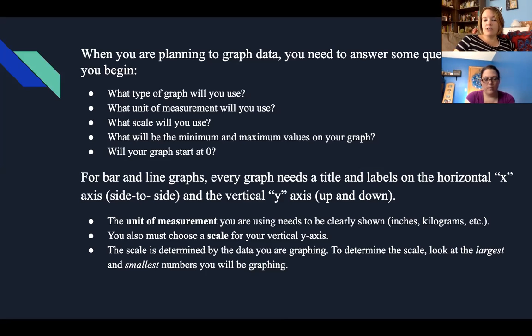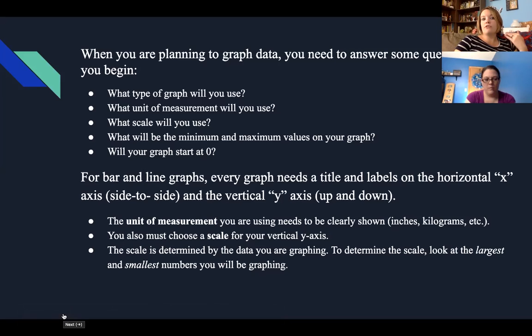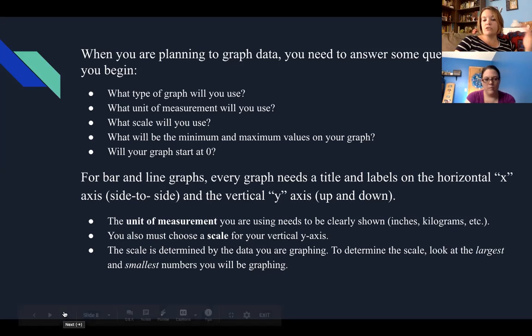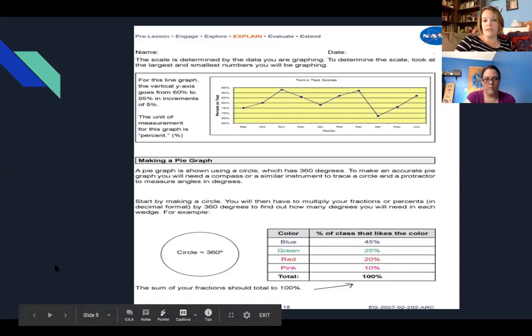The scale is determined by the data you are graphing. To determine the scale, look at the largest and smallest numbers you'll be graphing. Like I said earlier, you don't necessarily have to start at 0 if all of your numbers end up from like 20 to 100. You could start at 20 if you need to.